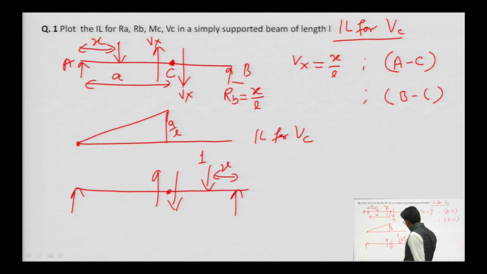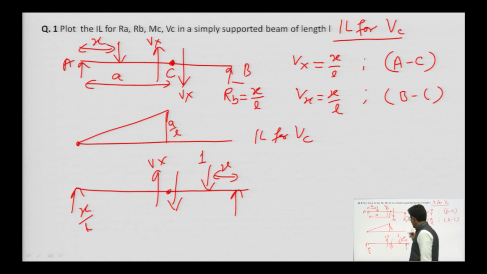Now this reaction will be x by L. Vx will again be x by L, but now x is from point B. This is case 2. So, we are getting the same equation, but the meaning of the section is different. In the first case the section was from A, in this case the section is from B.